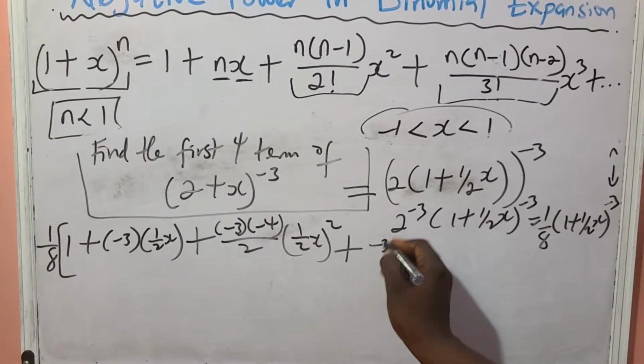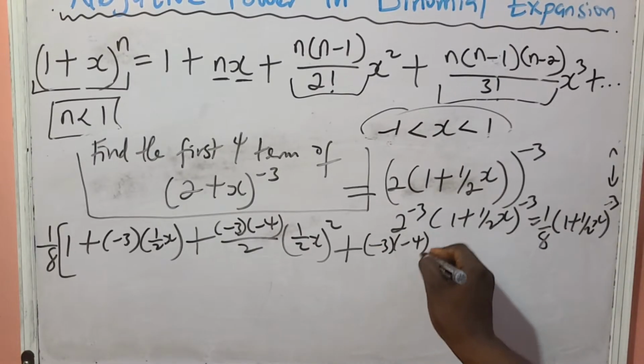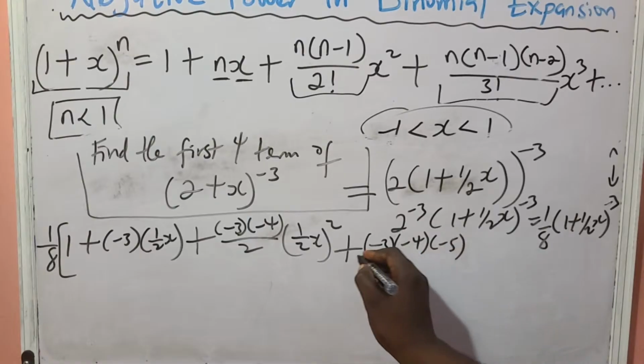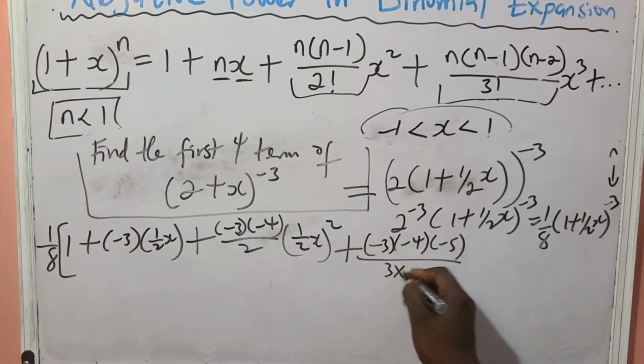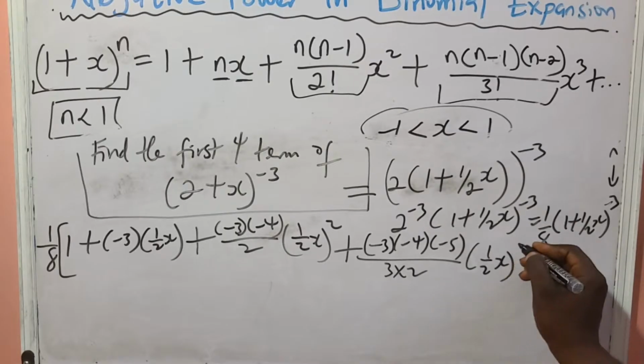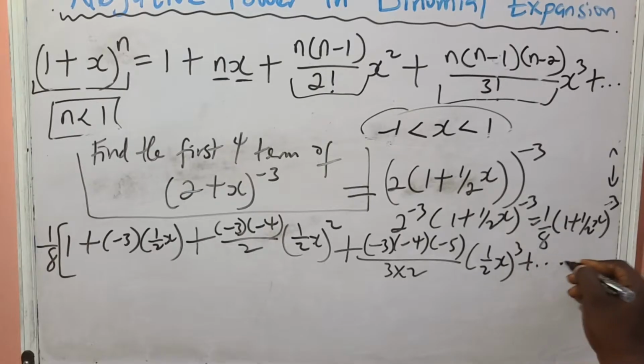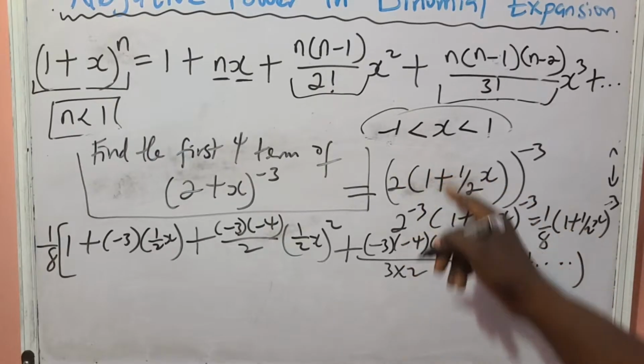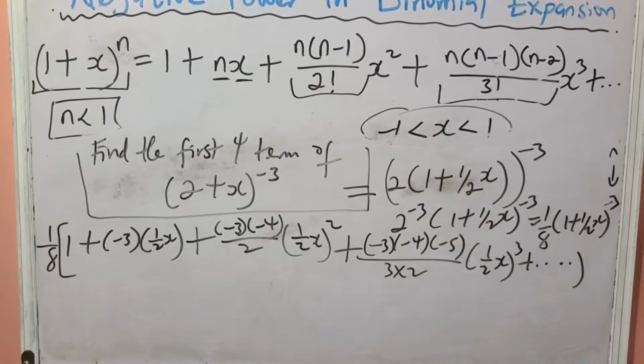That will be minus 3 times minus 4 times minus 5, everything over 3 times 2, that's 6. Then our x will be 1 over 2x raised to power 3. So this is where we're going to stop, because we're just looking for the first 4 terms. So this is what you must be solving. If you have started solving, this must be in front of you if you are doing the right thing. So we have 1 over 8.